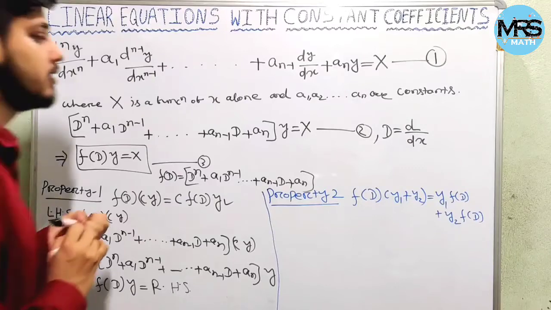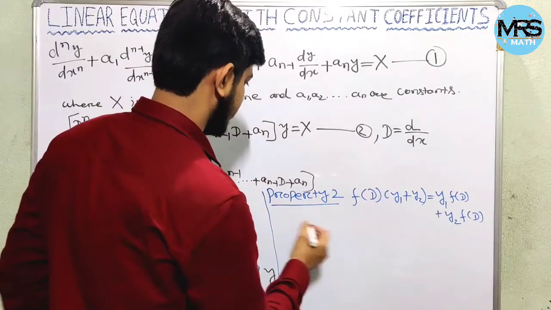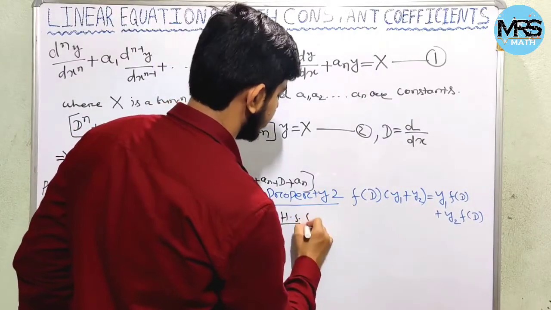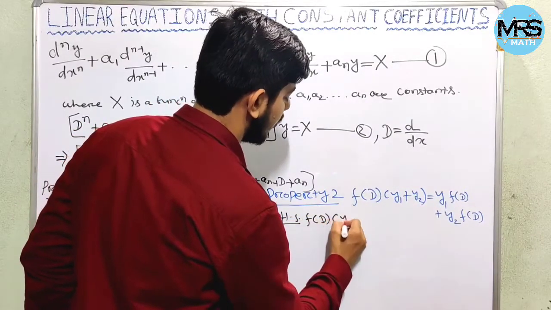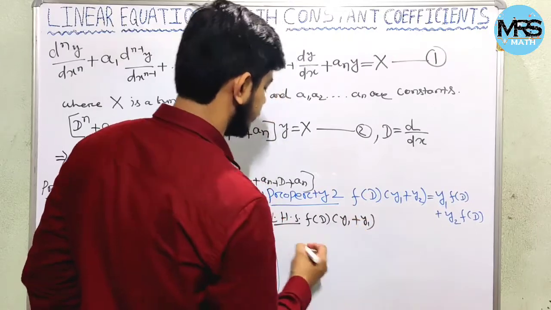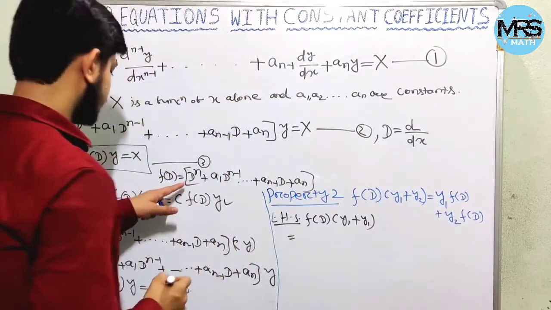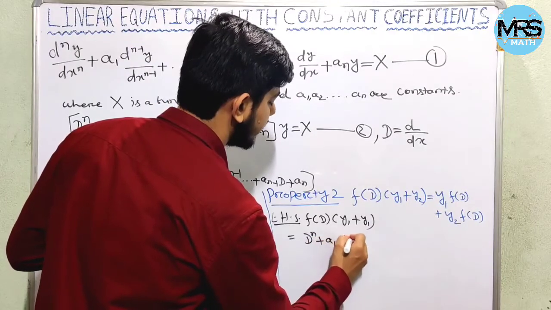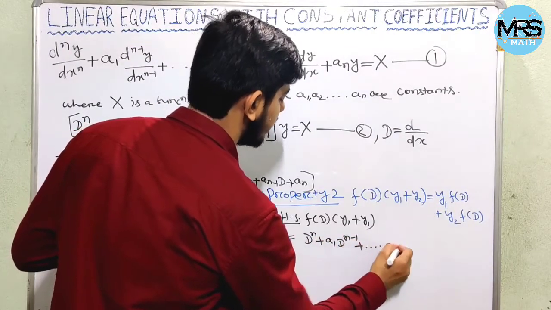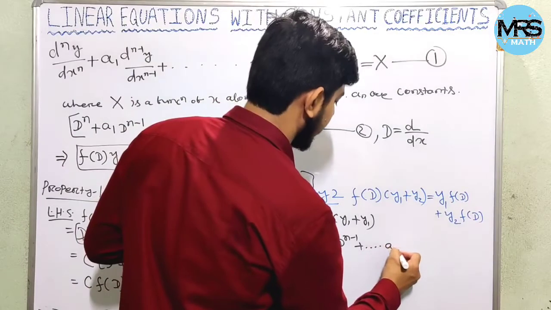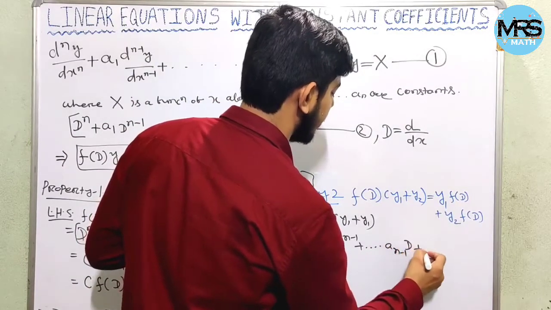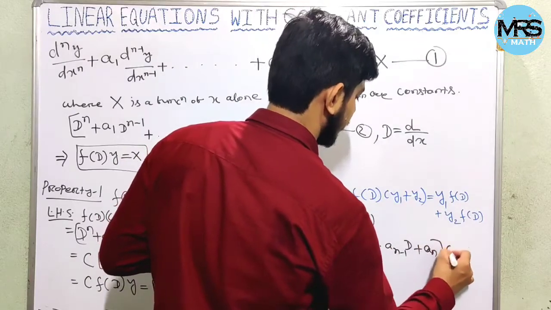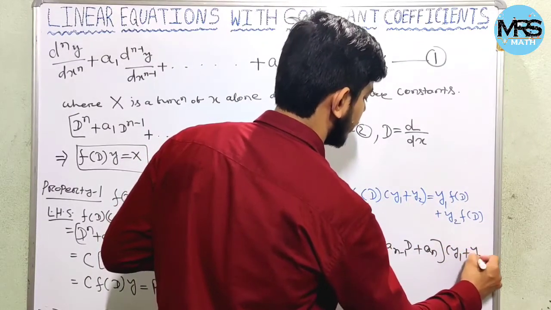Let us prove this. Take this as the LHS, that is f(D) of (y1 plus y2), that is D^n plus a1 D^(n-1) up to a_(n-1) D plus a_n into (y1 plus y2).